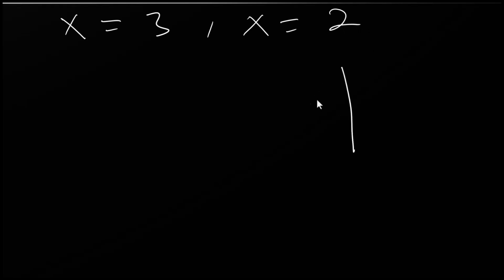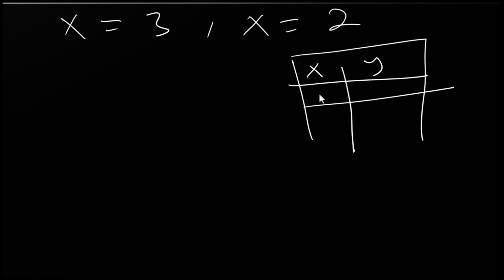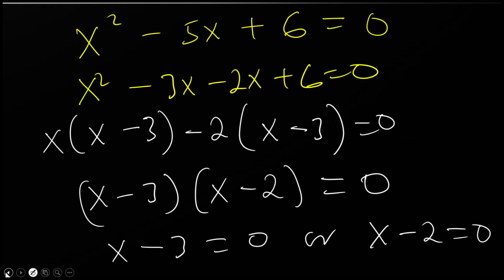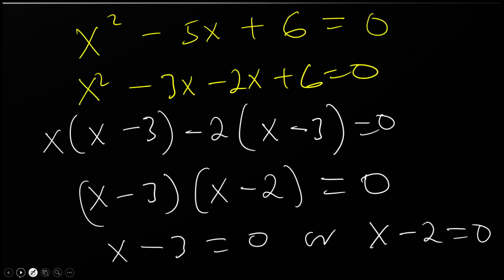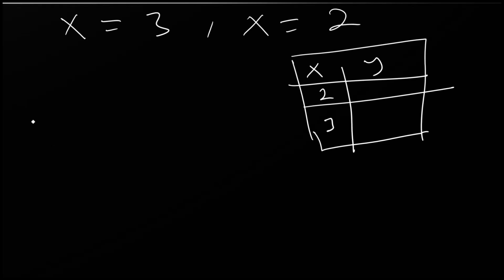Alright, now that we have x, let's find y. So when x is 2 and when x is 3, let's look for the values of y. Okay, remember y is 5 minus x.